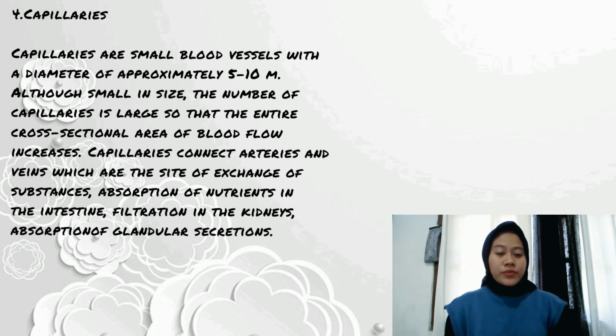The next is capillaries. Capillaries are small blood vessels with a diameter of approximately 5 to 10 micrometers. Although small in size, the number of capillaries is large, so that the entire cross-sectional area of blood flow increases.